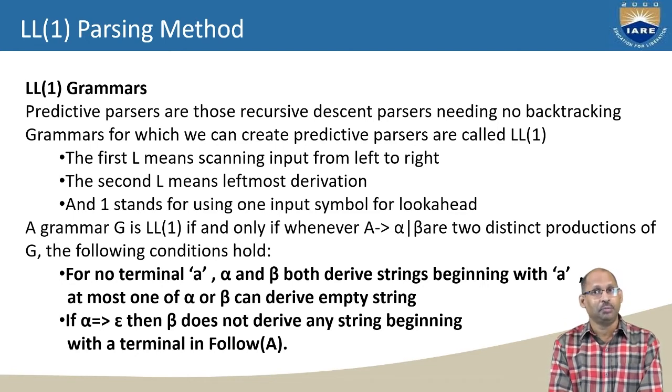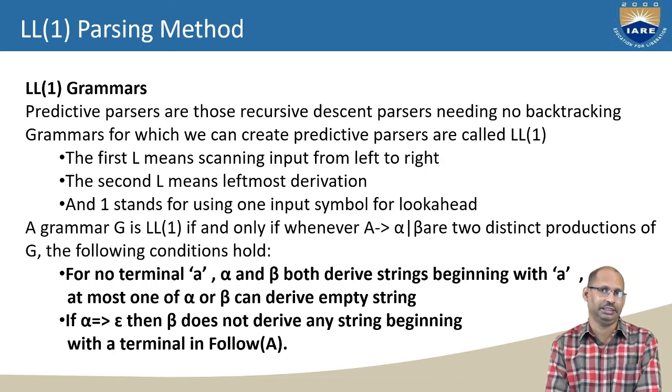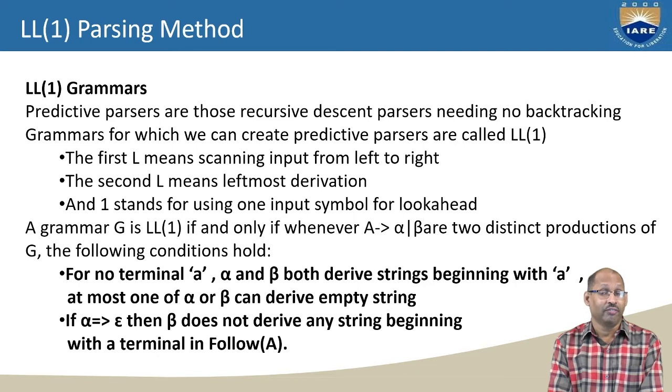In the predictive parsing method that we discussed previously, in the predictive parsing table, some row and column combination may have multiple entries, which leads to ambiguity.